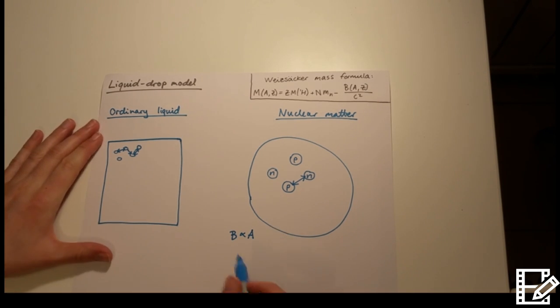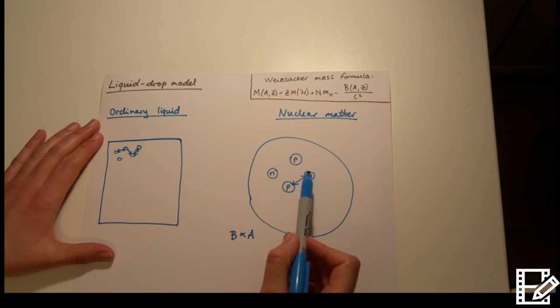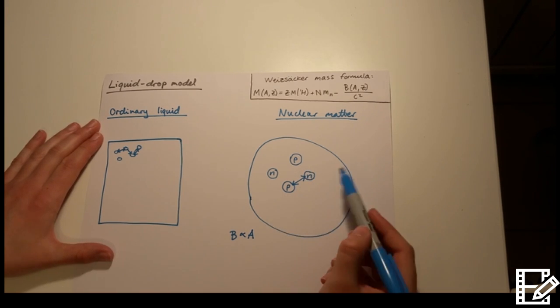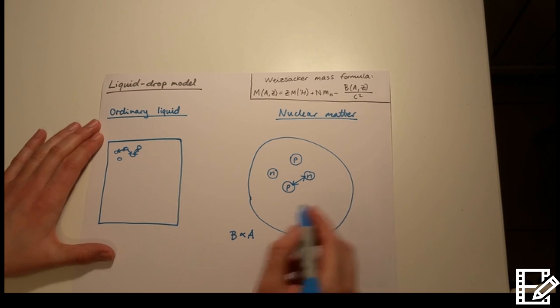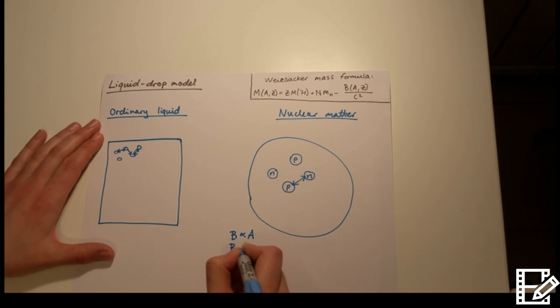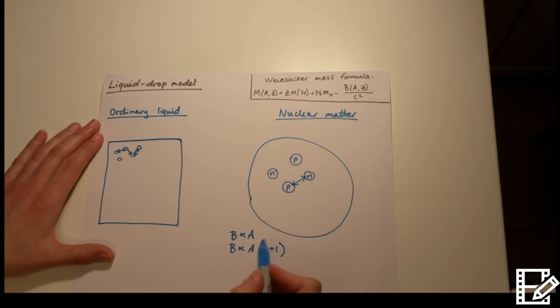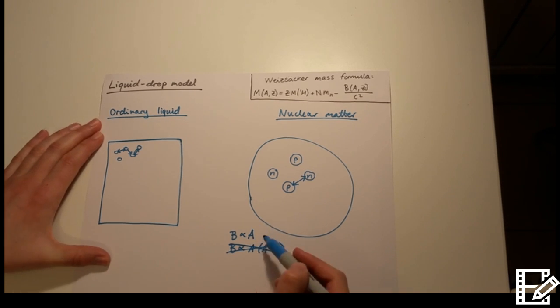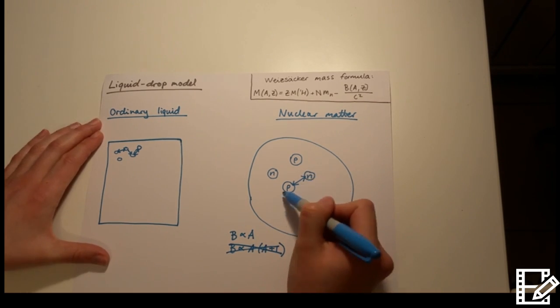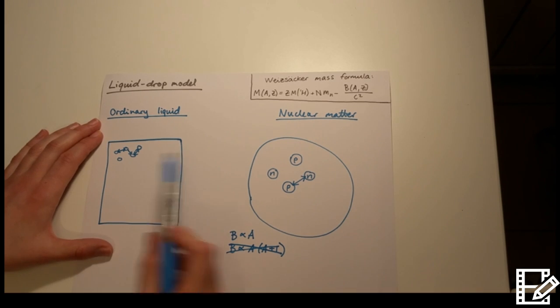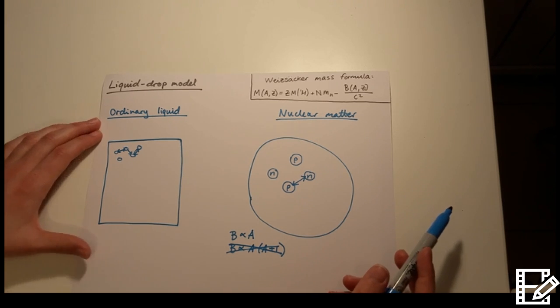And if the range was such that one nucleon was attracted to all the rest of the nucleons in the nucleus, then we would expect binding energy to be proportional to A times (A plus 1). This is not what we observed. We observed the proportionality to A, which tells us that each nucleon only interacts with its nearest neighbors, so we can draw this analogy.